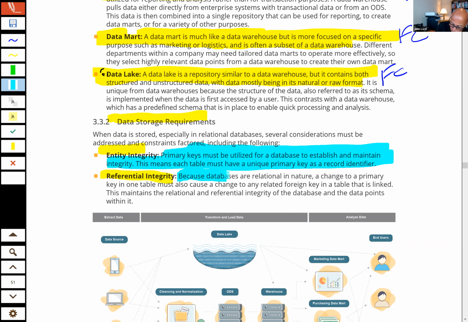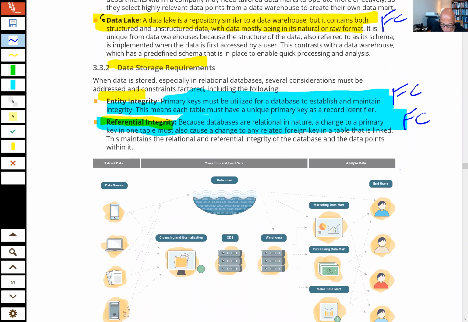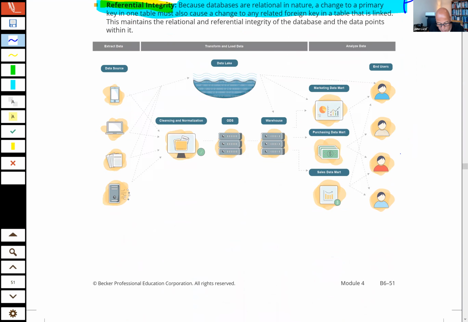Referential integrity: databases are relational in nature. A change to a primary key in one table must also cause a change in any related foreign keys to which the table is linked. Okay, so as you make changes, you want to maintain the entity integrity and the referential integrity. Otherwise, you're going to run a query later and it's not going to give you meaningful, valuable results.